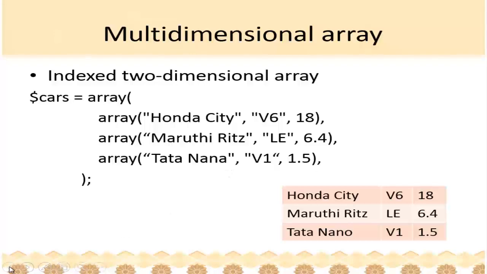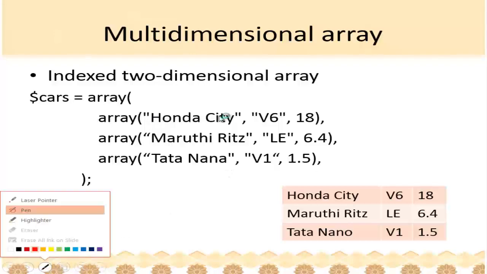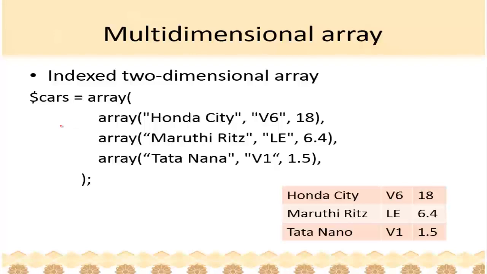So this is the first element, the next one will be this one, and the third is this. Within this array, if you want to get individual elements, then you have to go this way. So this is how it goes.